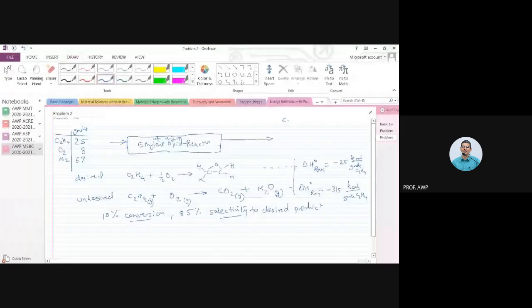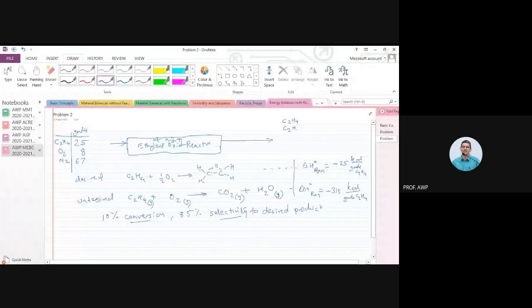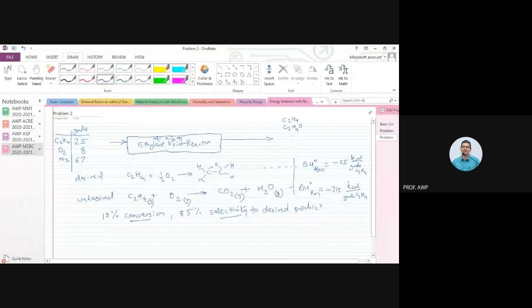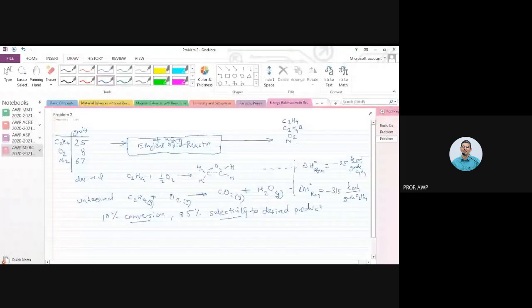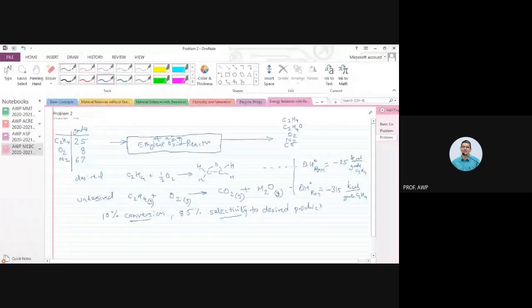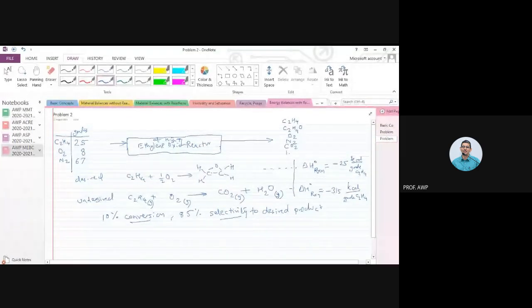What goes out? Unreacted ethylene, ethylene oxide that is formed, unreacted oxygen, nitrogen (inert, does not take part in the reaction), carbon dioxide generated by the side reaction, and water generated by the side reaction.